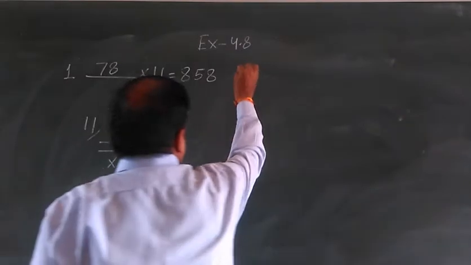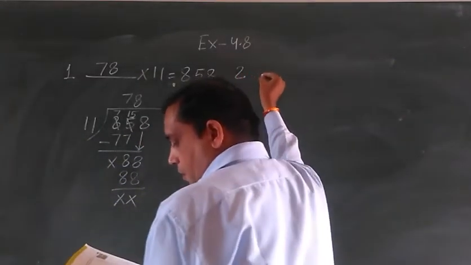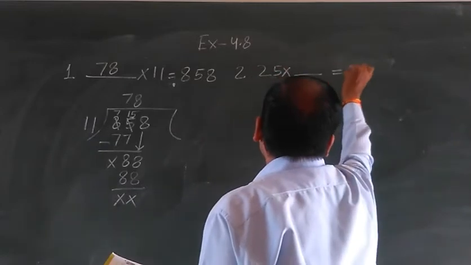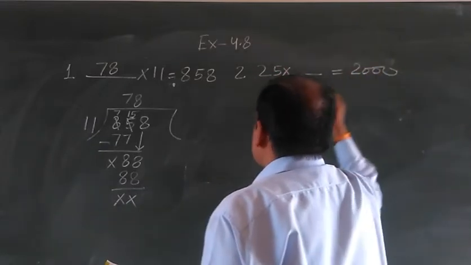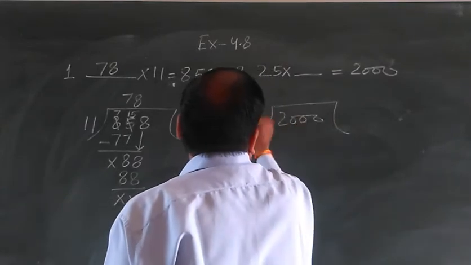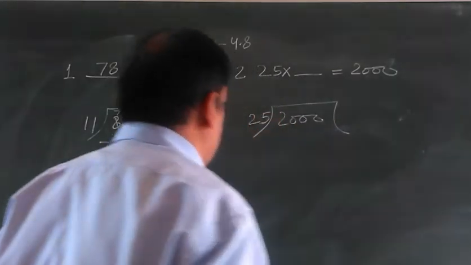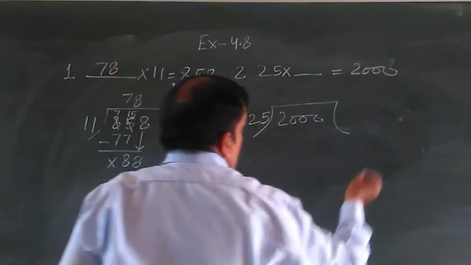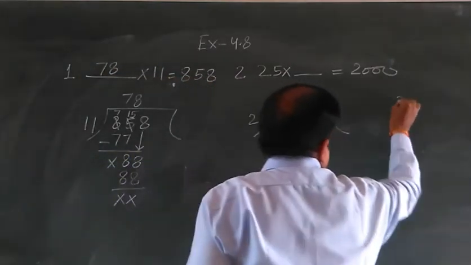Now the second question: 25 multiplied by blank is equal to 2000. Again we go for the same thing: 2000 divided by 25. First you write the table of 25.